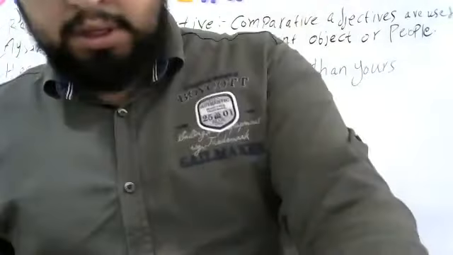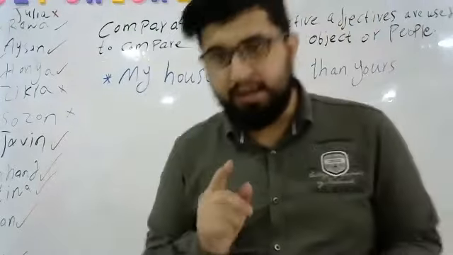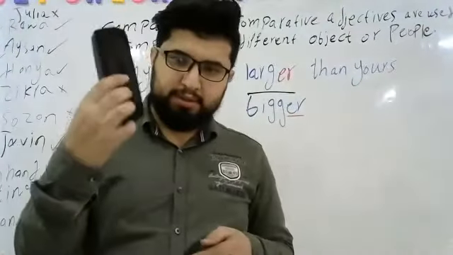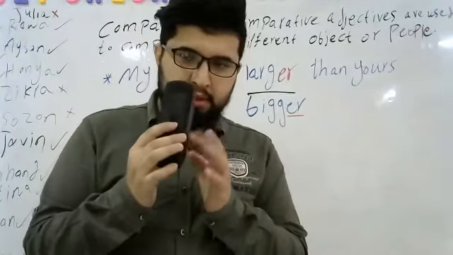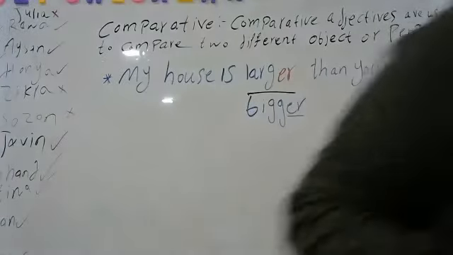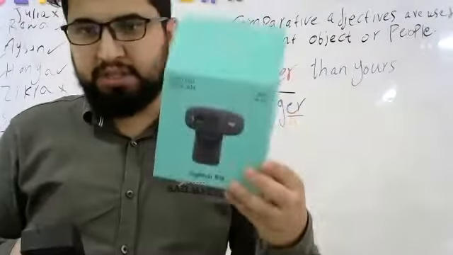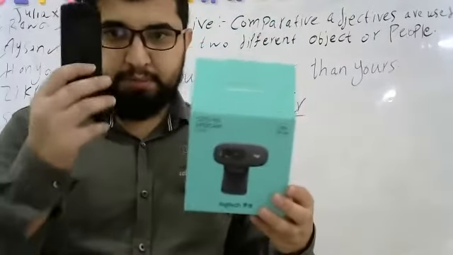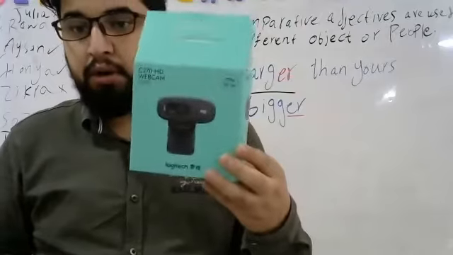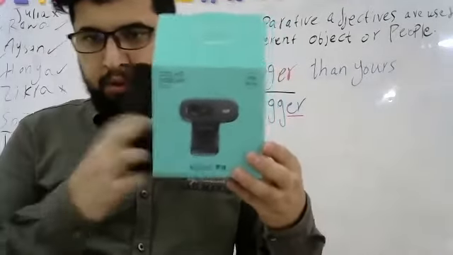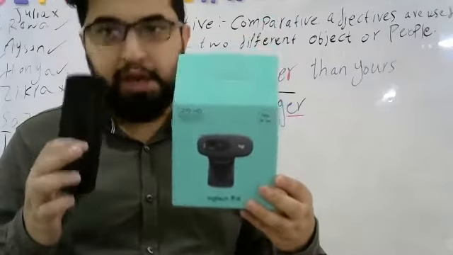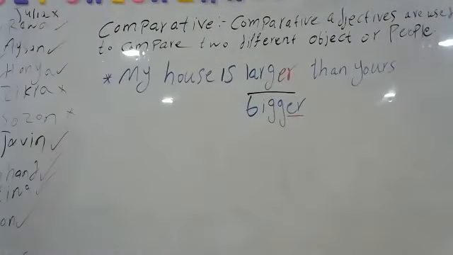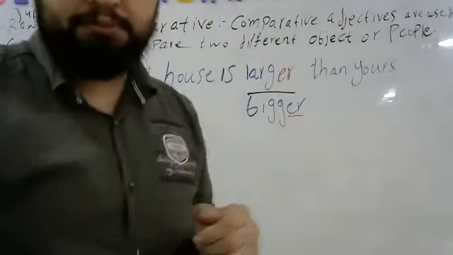But if I talk about the size, for example, if I say this is big, but this one is bigger. This is big, this is bigger. Look, which one is bigger? The carton is bigger. Okay, that's comparative. After you write this, I will give you more examples.